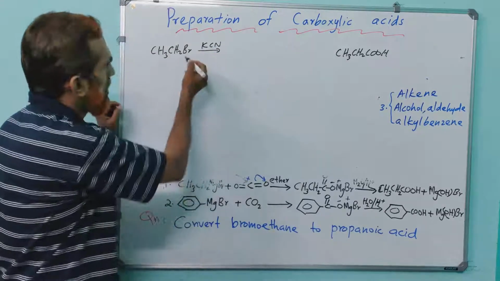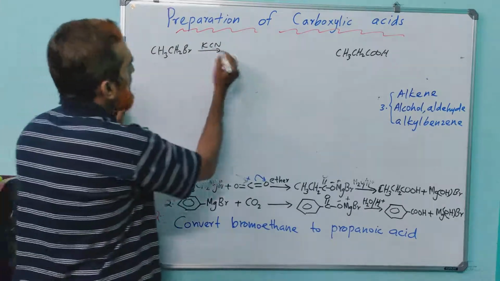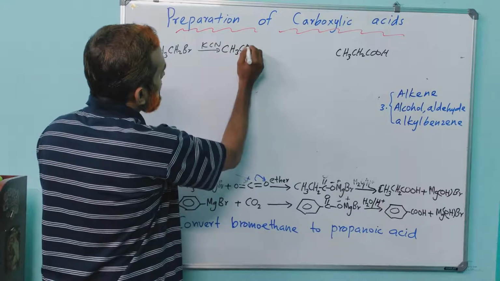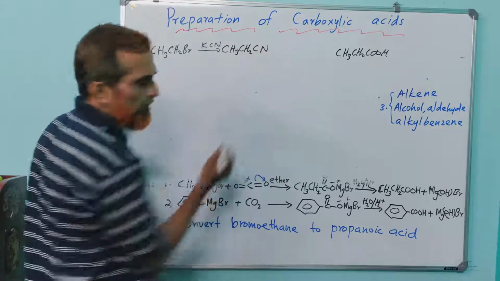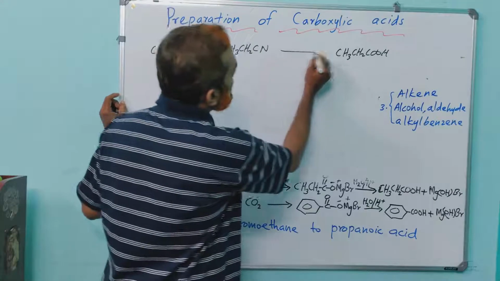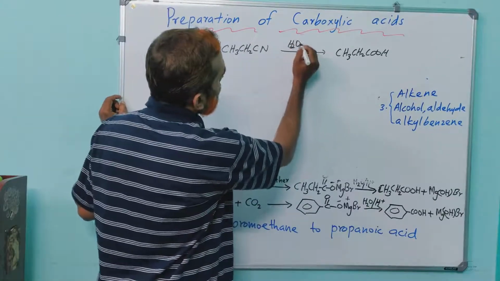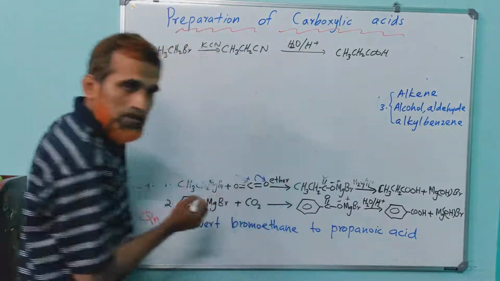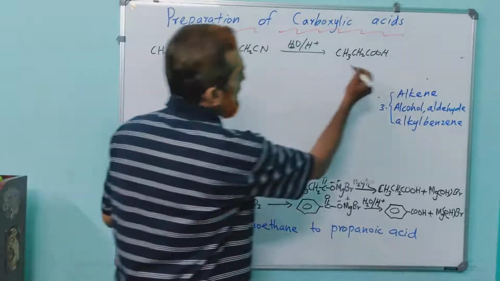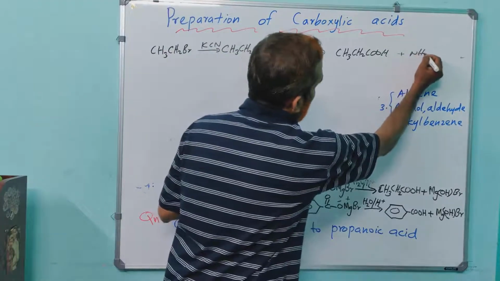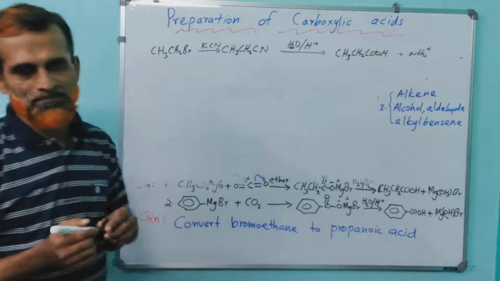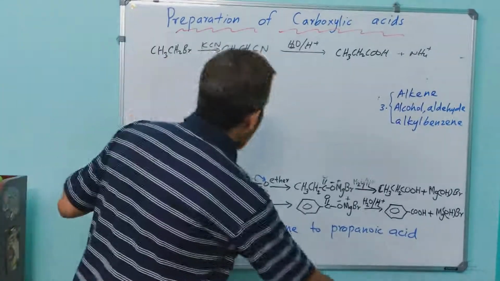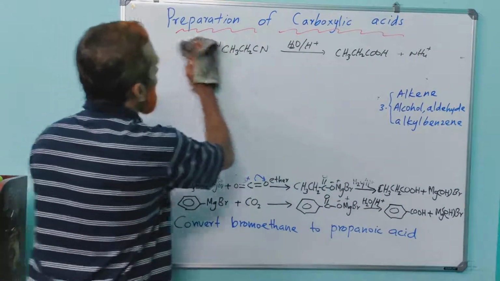That's a reagent for substituting Br by CN. So you get CH3CH2CN. And then you just go for hydrolysis. If you go for acid hydrolysis, for example, you get the product plus byproduct, that is NH4 plus. So that is the conversion, right?